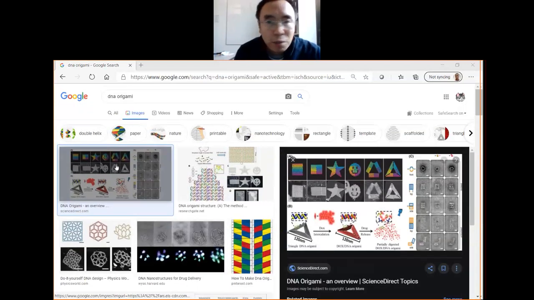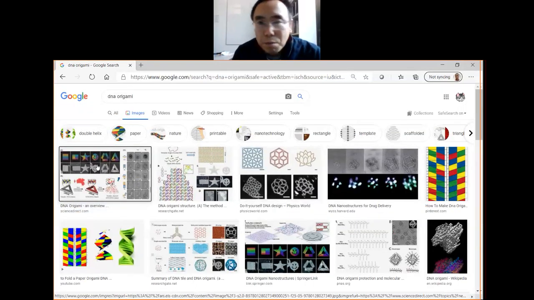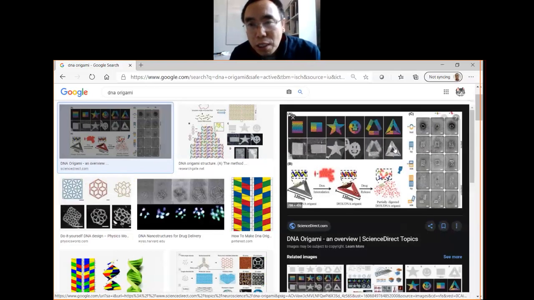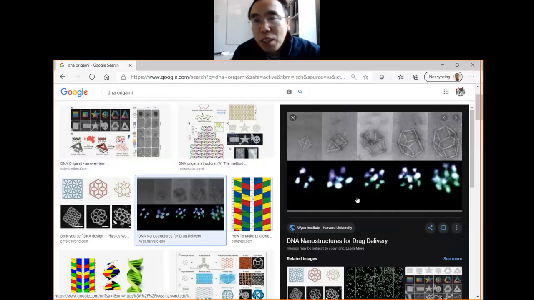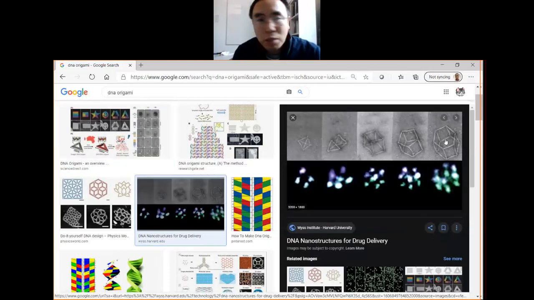You can see here, for example, this one. So those molecules, these complicated patterns. This one is, I think, just one DNA molecule. So one DNA chain, you design the sequence such that it will be folded like this or folded like the face. You can also do this kind of 3D patterns, like a box, like a cage.